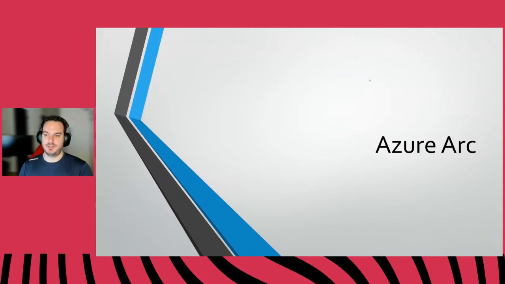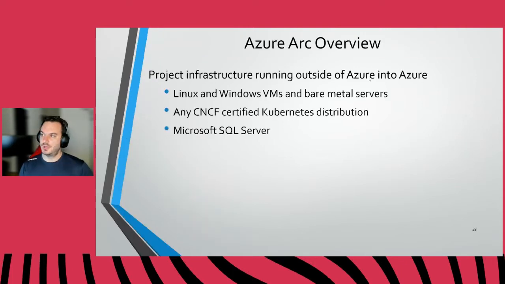And now let's talk about Azure Arc. Azure Arc is an awesome tool by Microsoft, and it allows you to project your infrastructure that's running outside of Azure. This means it can run on a different cloud like GCP or AWS, or on-premise, it doesn't matter, inside of Azure.